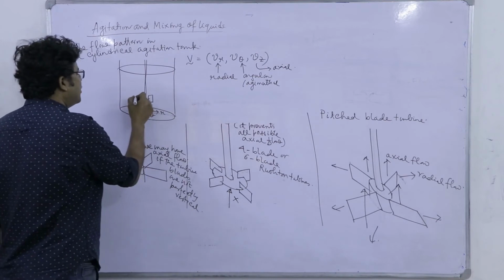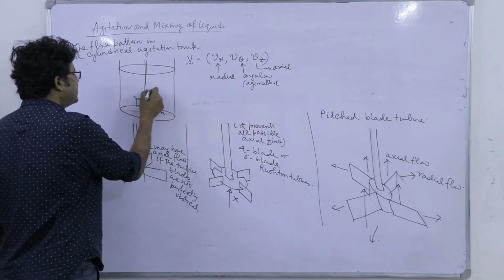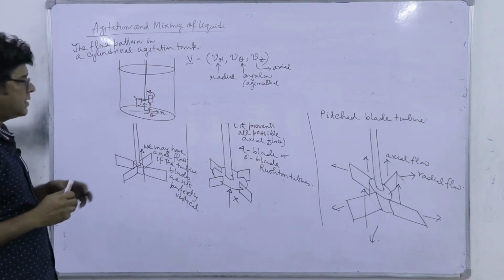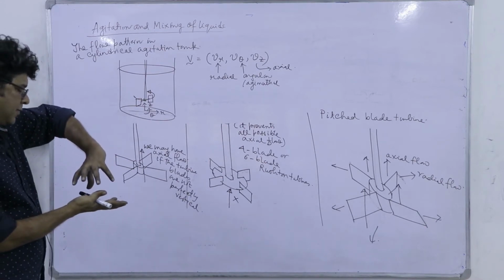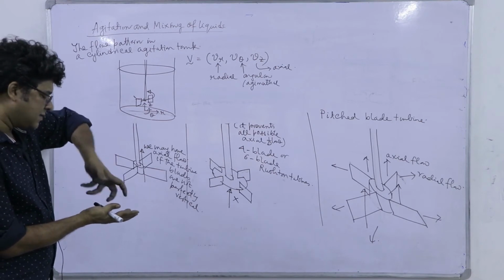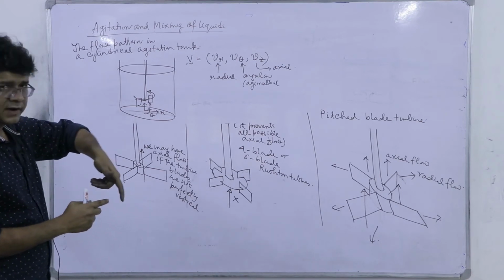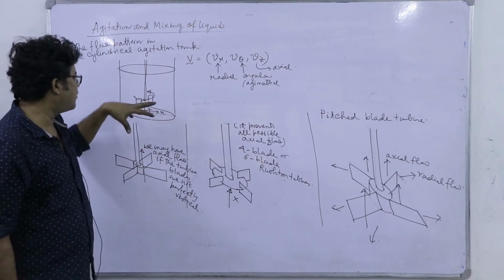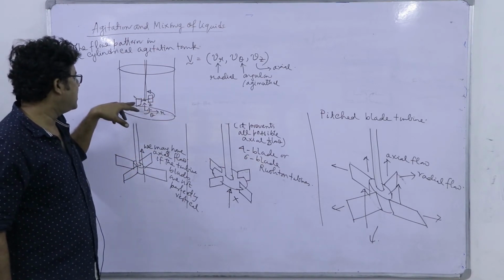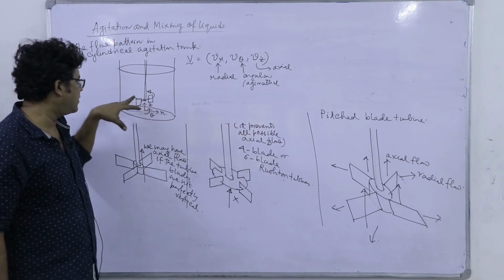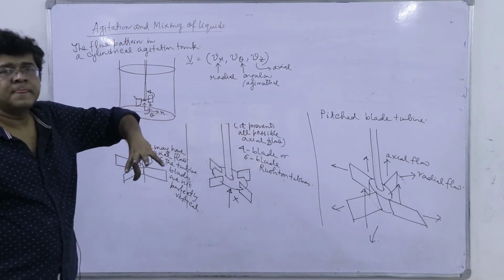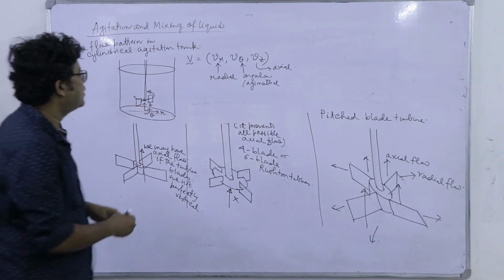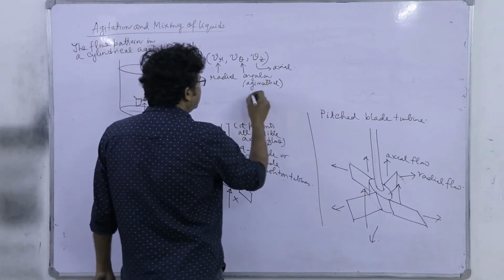Now, the pattern of motion which the shaft induces is a circular or angular pattern, right. When the impeller cuts the liquid, because of the drag the liquid imparts a shear on the stirrer blade. So that is basically a circulatory motion, the primary mode of motion.